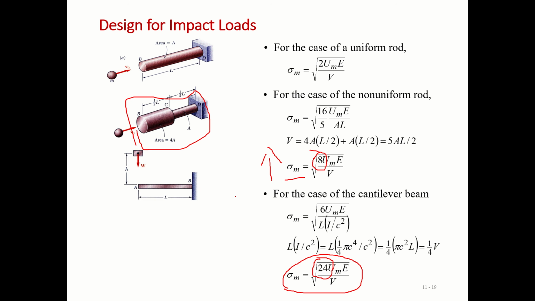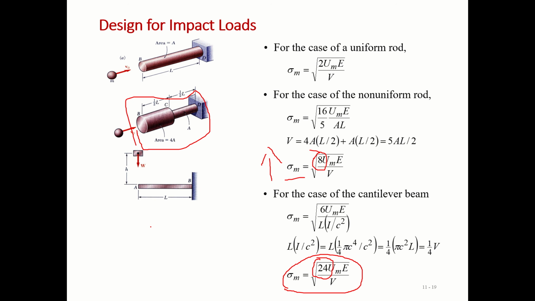So this is all about the impact loading, and the major concept in analysis of the impact loading is the strain energy concept, with the assumption that all of the kinetic energy of the bullet or any rocket is converted into the strain energy of the material.